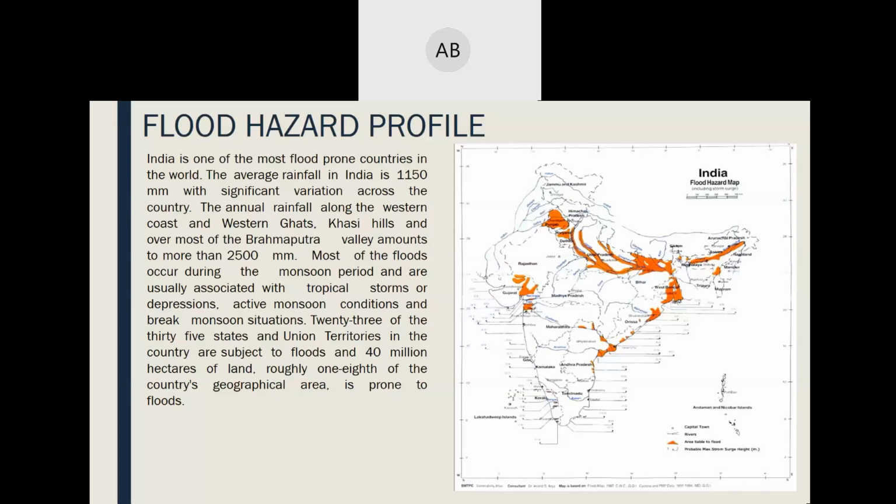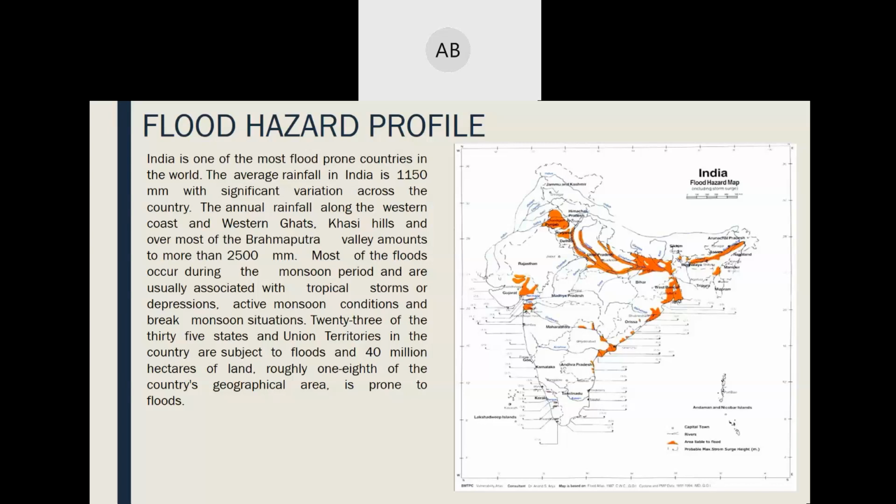So these are the areas where you see a lot of floods mostly happening. So which are the areas? The areas highlighted in the orange color in the map. So if you look with a keen observation, you will see that these areas are again the same areas which are falling into the floodplains of the major rivers, which we have discussed in our videos.